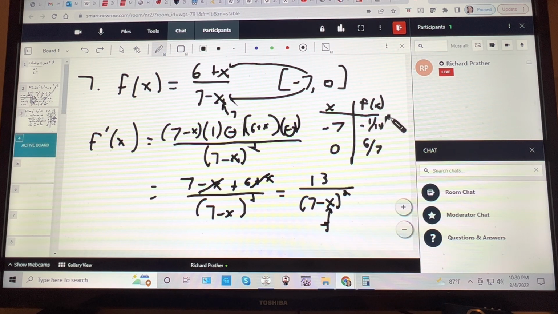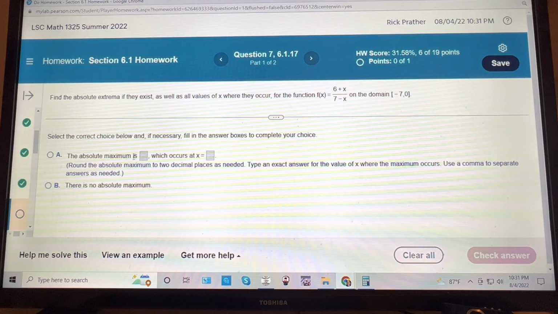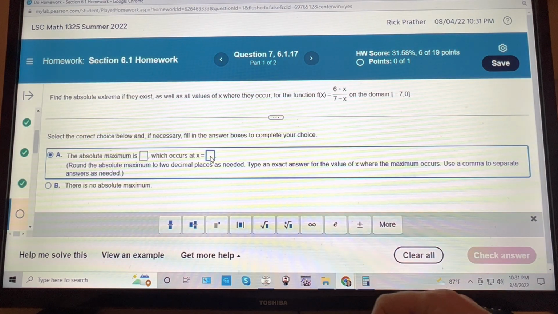This is the absolute minimum. The absolute minimum value is -1/14. The absolute maximum value is 6/7. And they both occurred at the two endpoints. The minimum occurred at -7, and the maximum occurred at x equals 0. So the maximum occurred at x equals 0 with a value of 6/7.